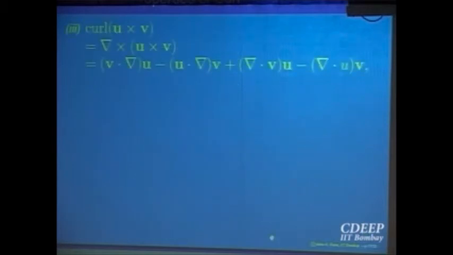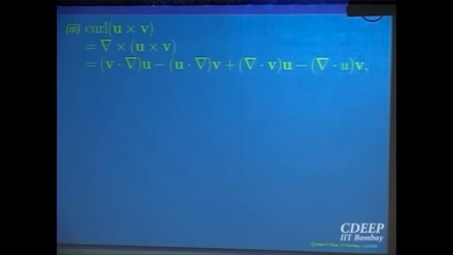So finally let us analyze how curl behaves with respect to the cross product of two vectors. So we are looking at two vector fields u and v, and we want to look at the curl of u cross v. Now this is the most important, or not really important, but the comparison with the ordinary differentiation of products fails here.